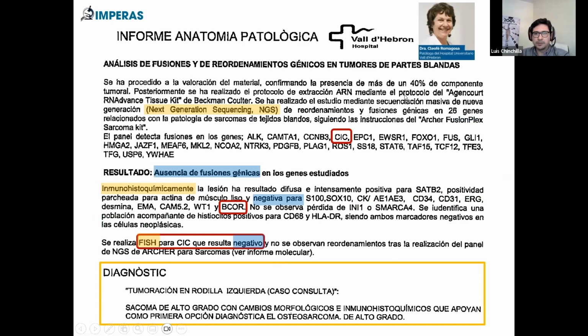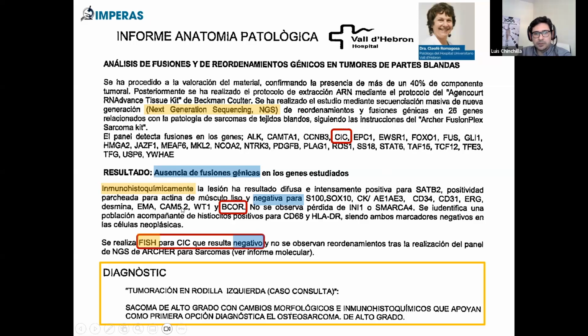And I have to thank Cleo Ferro-Magosa. She was very kind, and she accepted my case as a consult case, and she performed NGS with this Archer FusionPlex sarcoma kit, and she didn't find SIG rearrangement.